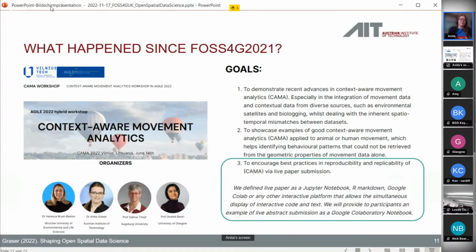We wanted to organize a workshop on movement data analytics, including in our goals to have all submissions be reproducible and replicable live papers. So we prepared examples of Jupyter notebooks for reading the example data sets, and we encouraged people to make their own contribution in a similar format and send those in.